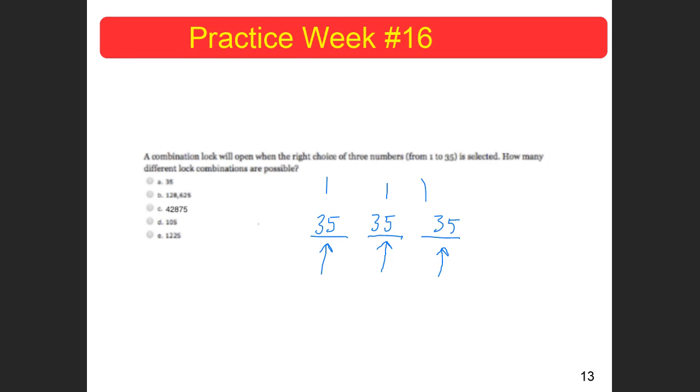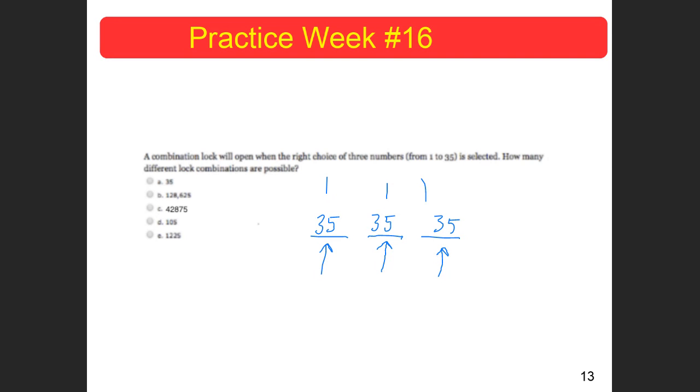Now, if they said the numbers can't repeat, then I would do 35, 34, 33. But it didn't say that. So I'm just using 35 times 35 times 35, which I don't have my calculator here. What is 35 times 35 times 35?